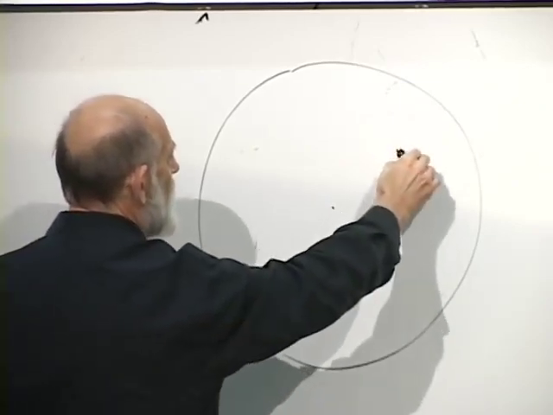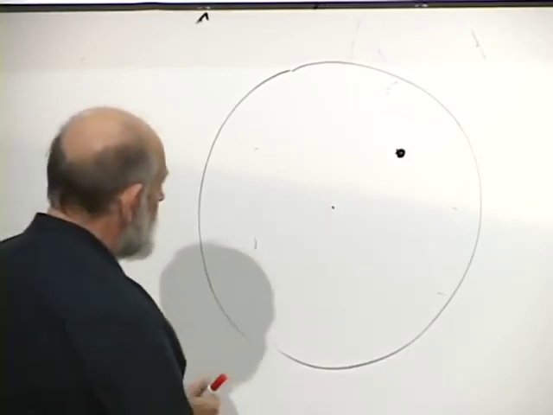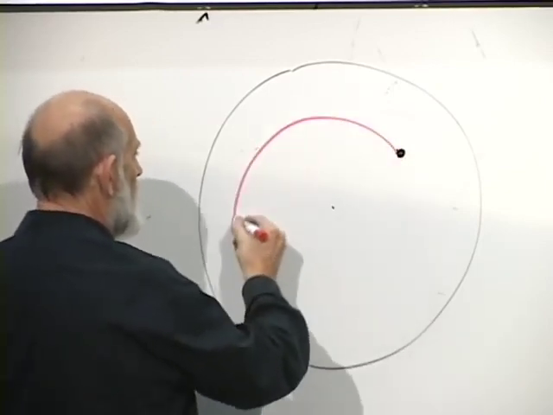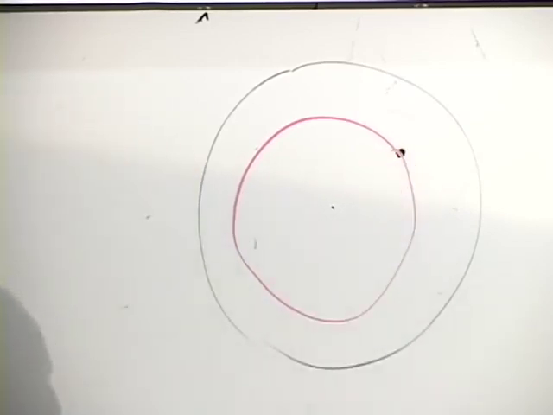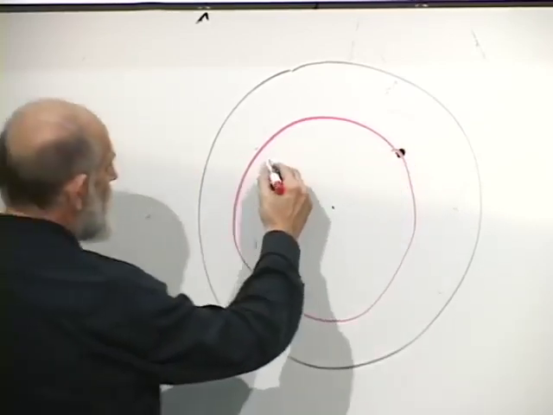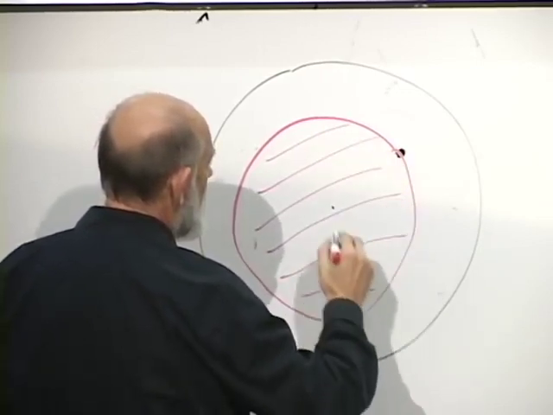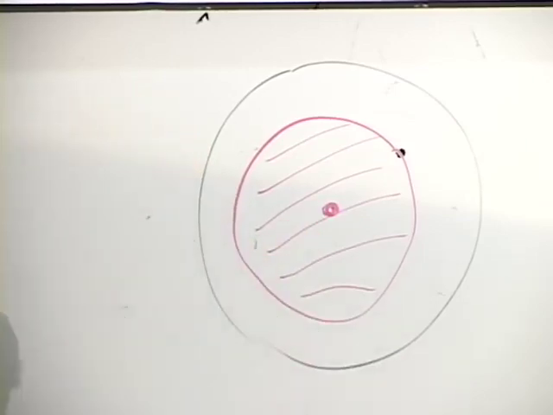And we place a particle over here. What is the gravitational force on that particle? And the answer is, you draw a sphere at the same radius as the particle, and you take all of the mass inside that sphere, and you pretend that it was localized right at the center of the sphere.